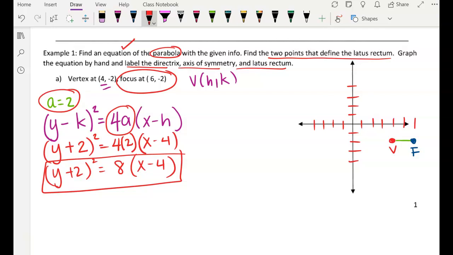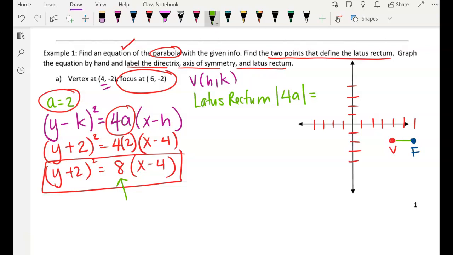Now it also said, okay, well, now give me 2 points that define the latus rectum. Well, students, the latus rectum, usually I'm shortening it as L.R., okay? It's going to have a total distance of 8 units, okay? It's always the distance of 4a.